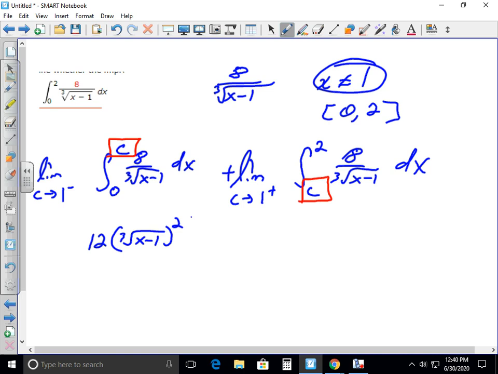So for the first one, we're evaluating that from 0 to c and letting c approach 1 from the left. And then for the other one, we're letting c approach 1 from the right. It's the same function, so the same integral.